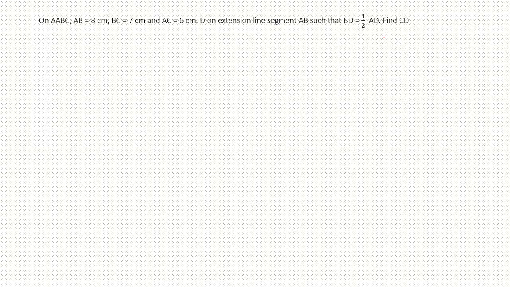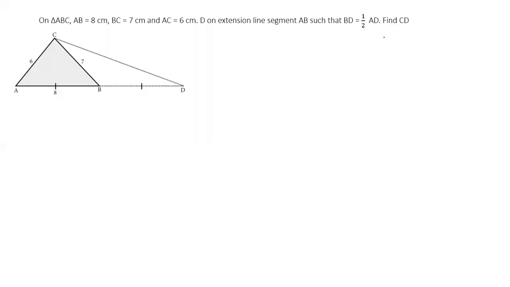If you sketch this triangle, AB equals 8 centimeters. BD is half of AD, so AD equals AB plus BD, and BD equals AD minus AB. We're going to find CD.